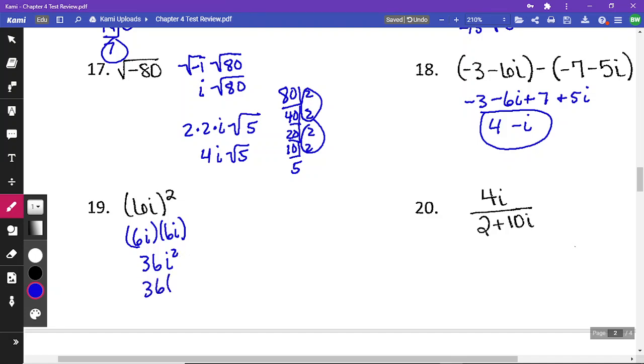It's 36 times -1. You should never look at your answer when you're done and see i squared. Okay, that should not be there. You are not done if you see i squared. Okay, because you should be simplified to -1. So 36 times -1 is -36. And that's it for that one.